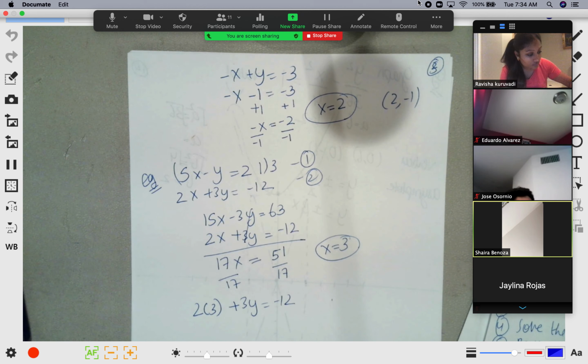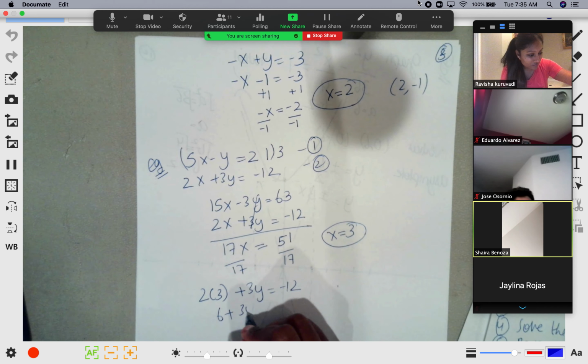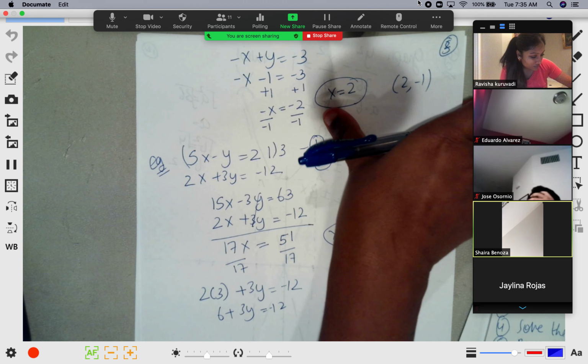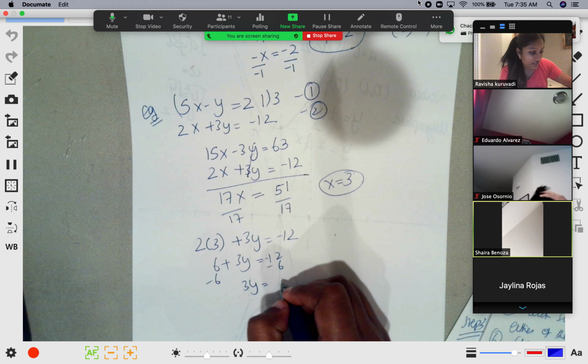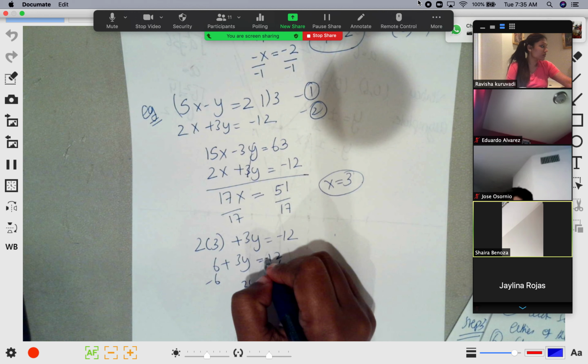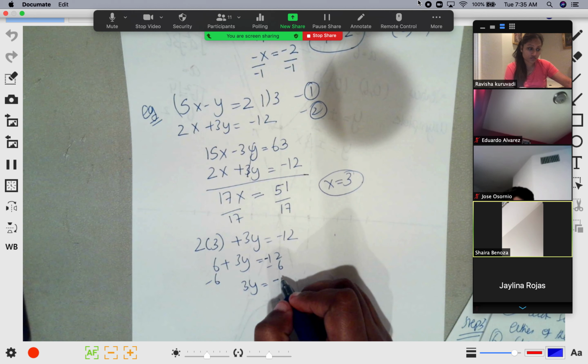6 plus 3y equals negative 12. So 3y equals negative 18.